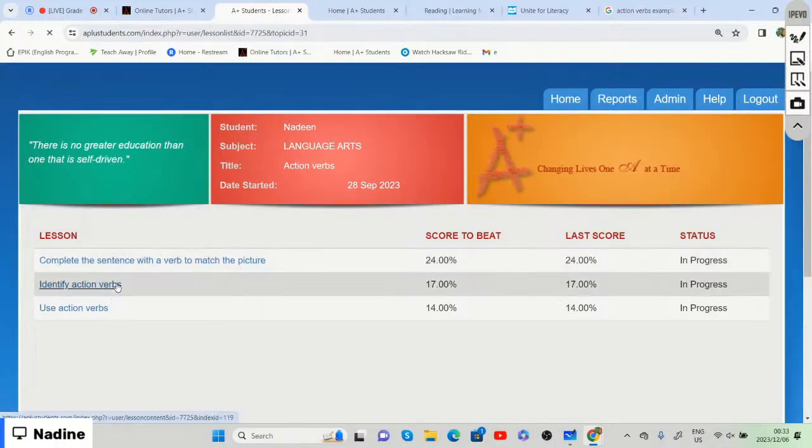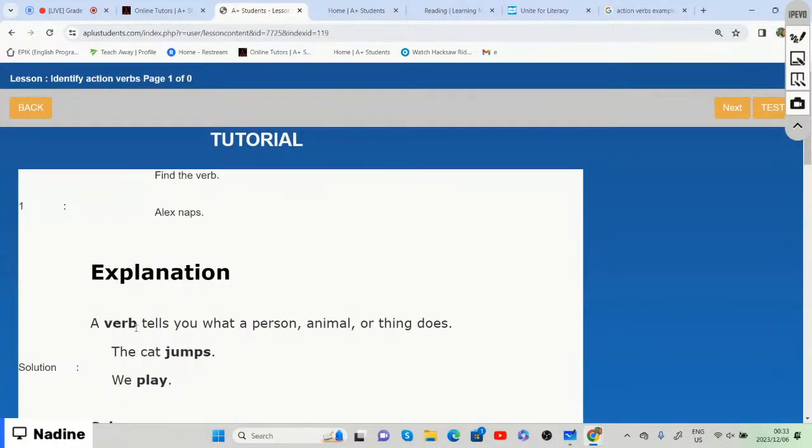All right, so now we're going to identify action verbs. And we say the verb, it tells you what the person, an animal, or a thing does. If we were to identify the action verb, if you look at the sentence, it says Alex naps.